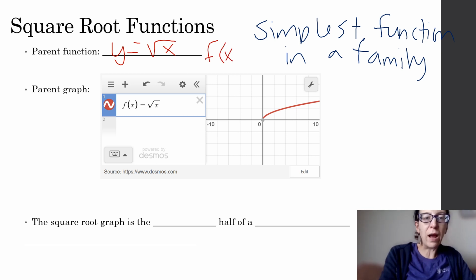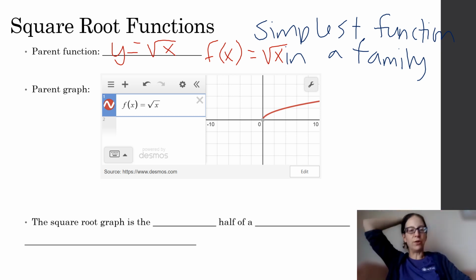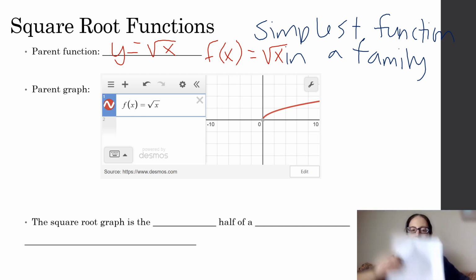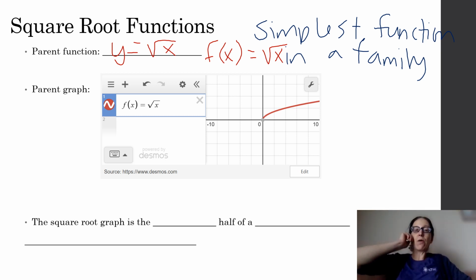Or you might have f of x is equal to the square root of x. I kind of go back and forth in this lesson using y's and f of x's. What I did on the notes handout does not necessarily always match what I'm doing in the PowerPoint, and that should be fine. There's actually one spot where I changed it in the PowerPoint because, well, you'll see when you look at the handout. But all right, so that's the parent function. That's like our base function. And now we want to take a look at the parent graph.